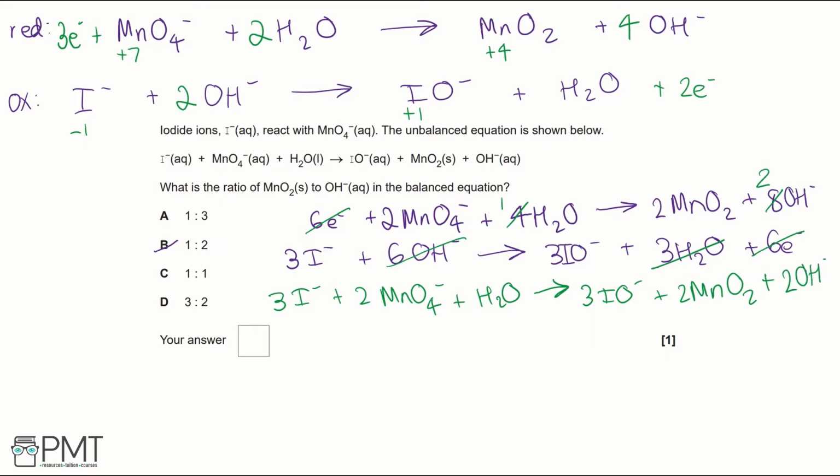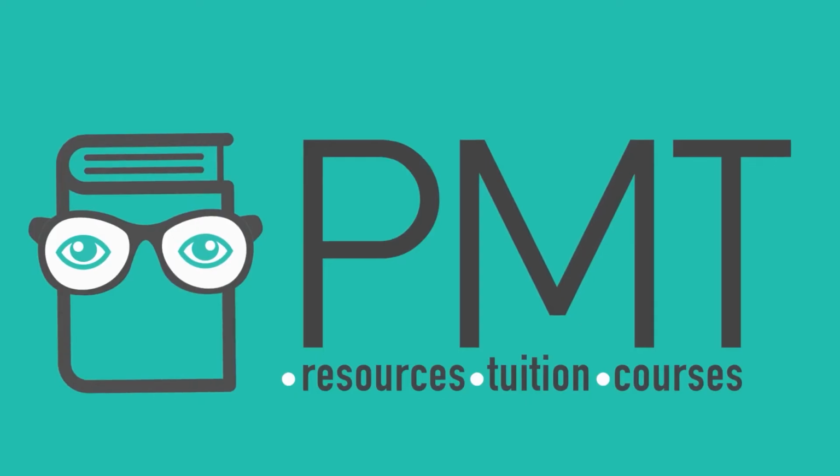So the question is asking us about the ratio of MnO2 to OH minus. So looking at the overall balanced equation that we've now produced, we can look at the ratios. We've got a 2 and a 2. So a 2 to 2 ratio is also a 1 to 1 ratio, and that's C. So to get the mark for this question, you need to write C in the answer box provided.